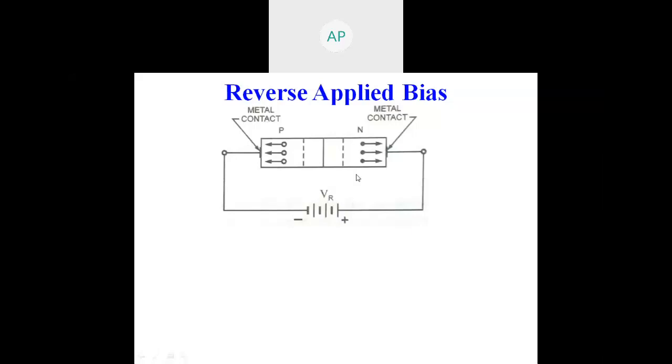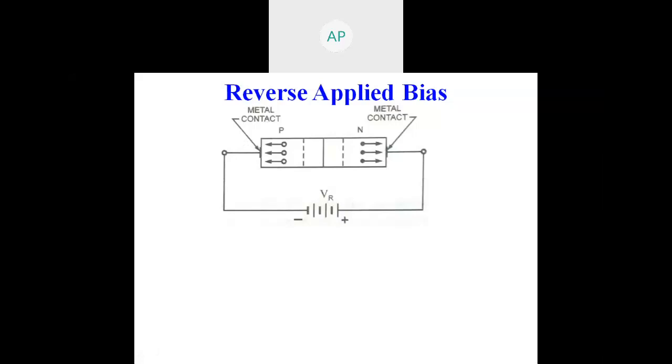This configuration is called the reverse bias configuration. So guys, finally we can summarize that for forward bias, there will be a flow of majority carriers, holes from the P side and electrons from the N side.